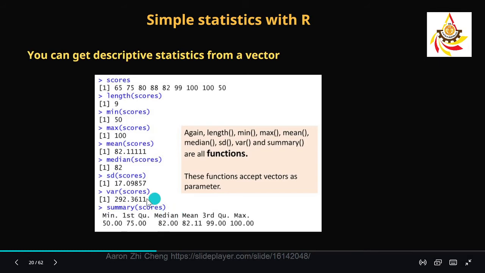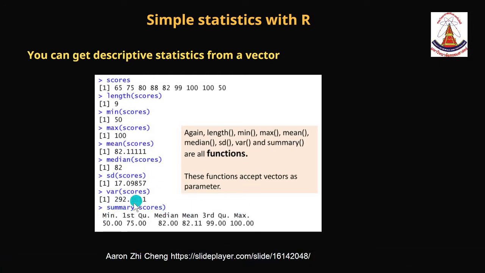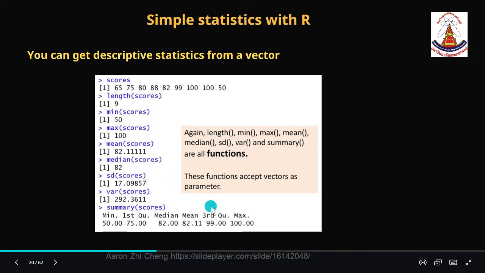Summary is very easy to get basic statistics like minimum, median, mean, and maximum. The first quartile and third quartile will also appear in your result.